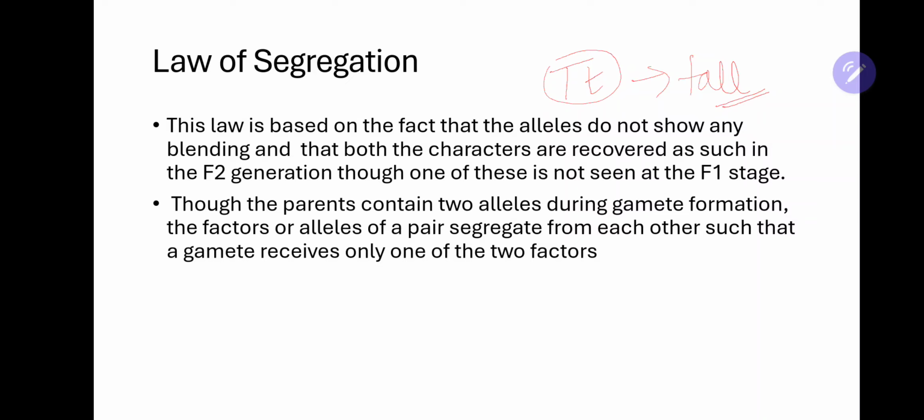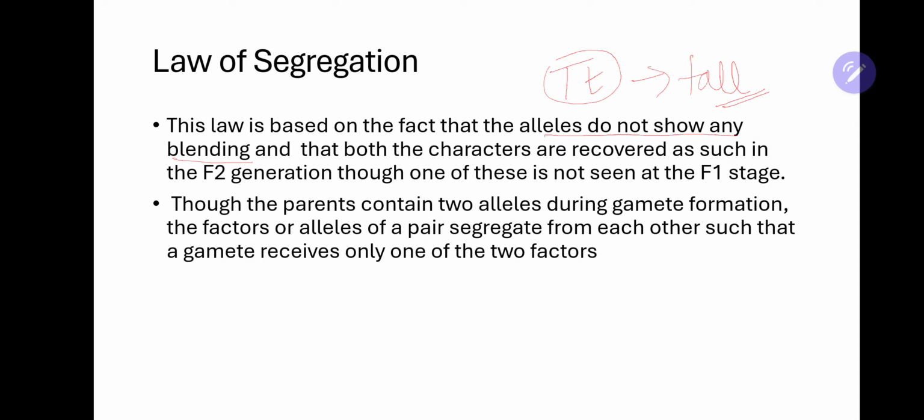It is explicitly a tall plant. So that is what is seen in the law of segregation. It says that alleles do not show any blending. There wasn't any intermediate form of a tall or a dwarf plant. It was explicitly a tall plant, and that shows there was never a blending of characters.